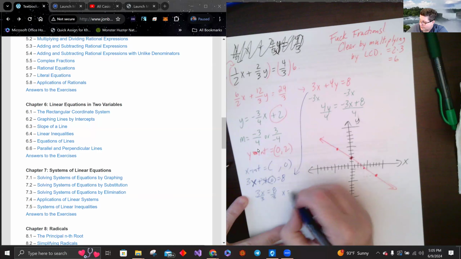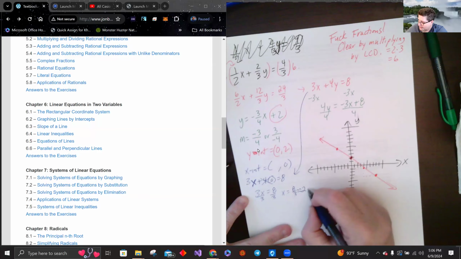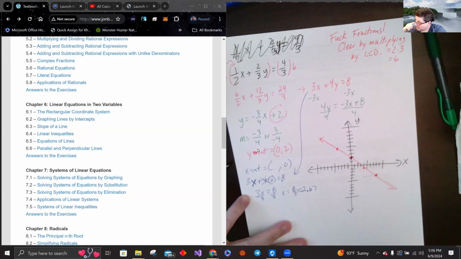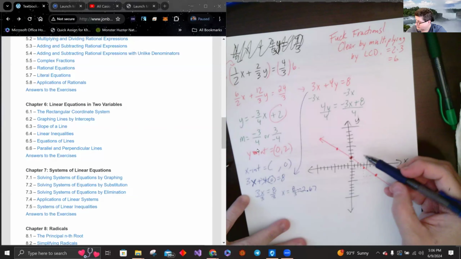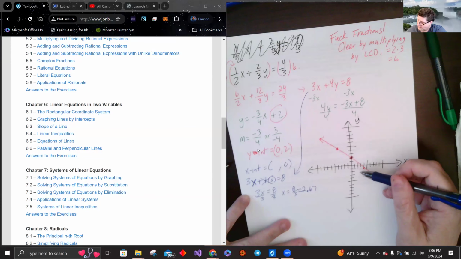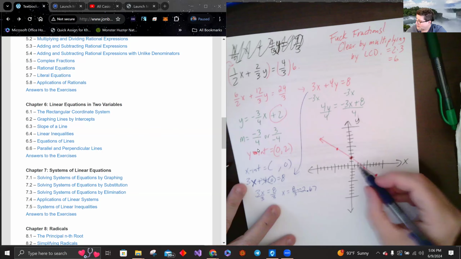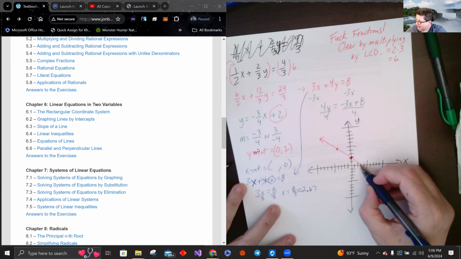X equals 8/3, which is approximately 2.67. Which should be right about there. 2.67 is right about there.